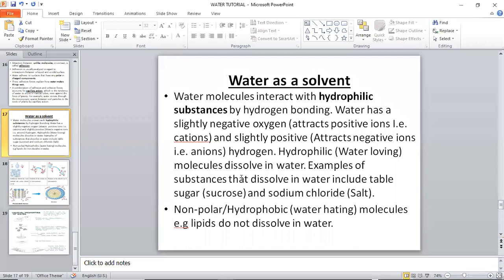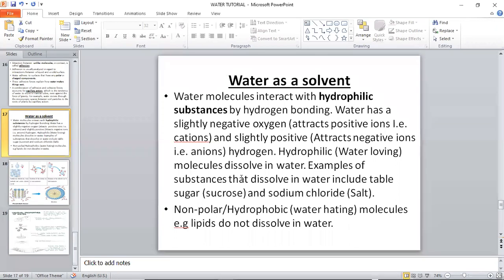Examples of things that can dissolve in water are sugar, table sugar or sucrose, and table salt or sodium chloride. Some of the examples of substances that are able to dissolve in water.